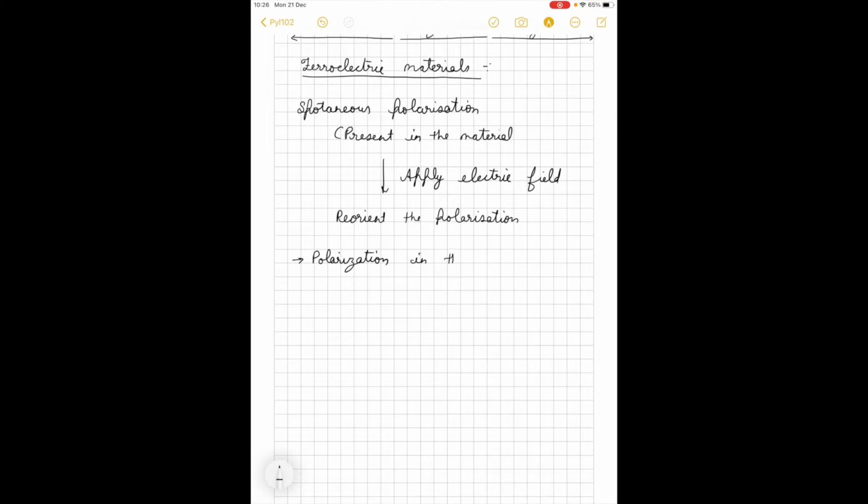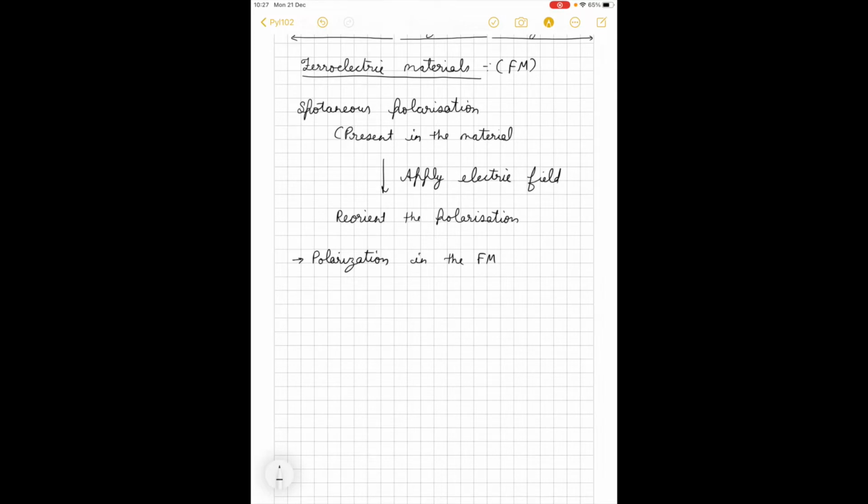So polarization in the ferroelectric, let me just call them FM, okay? Because I'll be using them pretty frequently. And also, just to make a clear distinction, later when we discuss magnetic materials, there'll be something called ferromagnetic material. See, dielectric and magnetic go hand in hand, meaning I'll make a clear comparison. Here in dielectric we have electric field, in the magnetic material we have magnetic field.